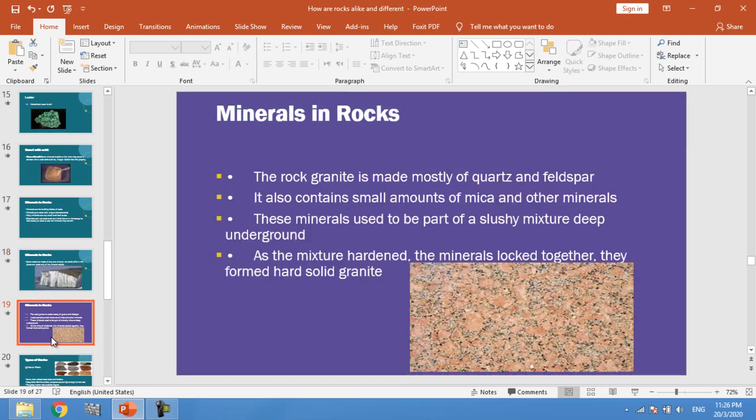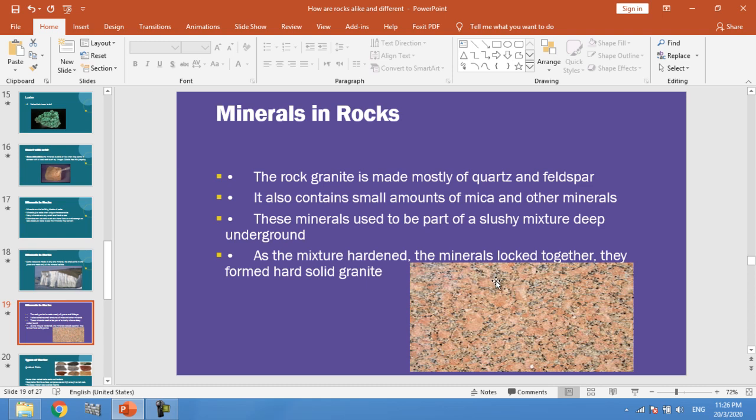But this rock is granite. Granite is mostly made of quartz, feldspar, mica, and other minerals. As you see in this picture of granite, the black points are mica.